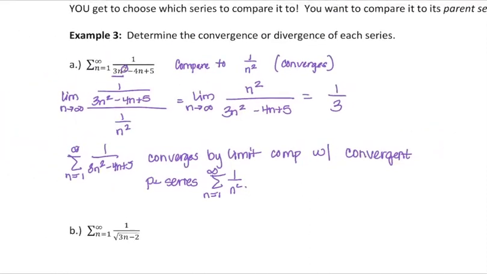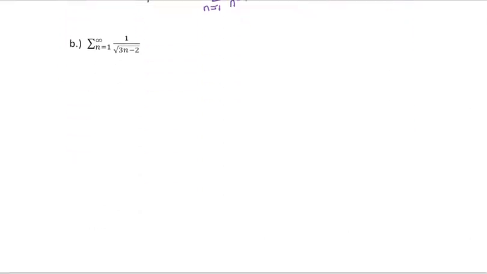That would be our answer. That's what we are looking for. We compared it to a series that converges and we got a limit that exists. It is positive and it is a finite value. Therefore, the series converges.